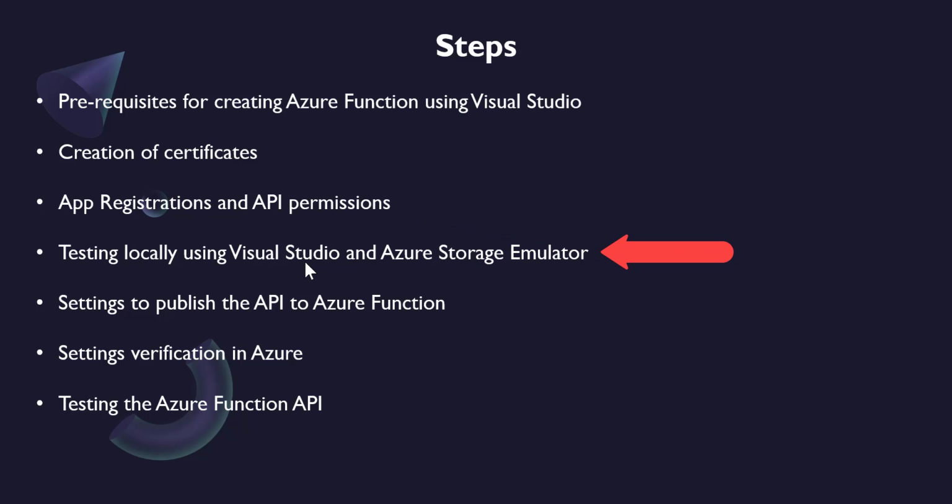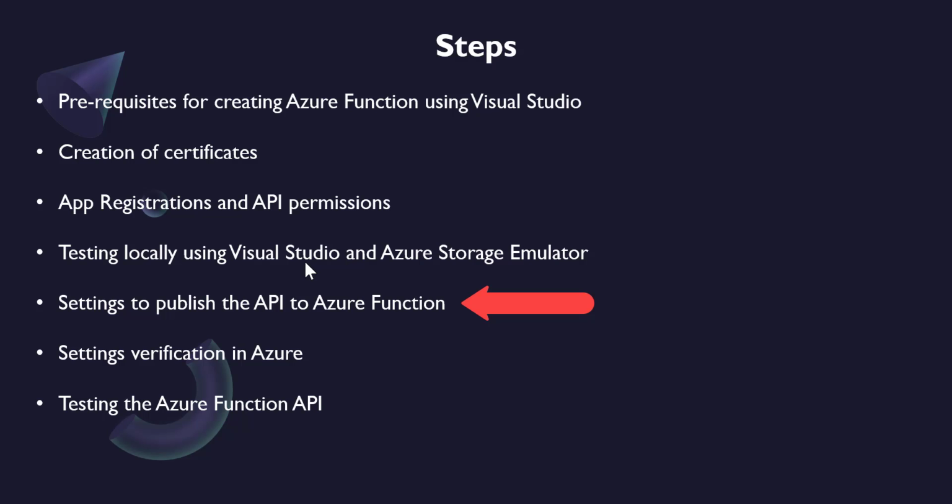Next is, before deploying to Azure, we will be testing this API locally, which will directly communicate with SharePoint Online using some configuration with the tenant ID, client ID, and the certificates, which we will see in the later part of the video. Next is settings to publish the API to Azure Function. Before publishing the API to Azure Function, there are a couple of settings which we need to verify.